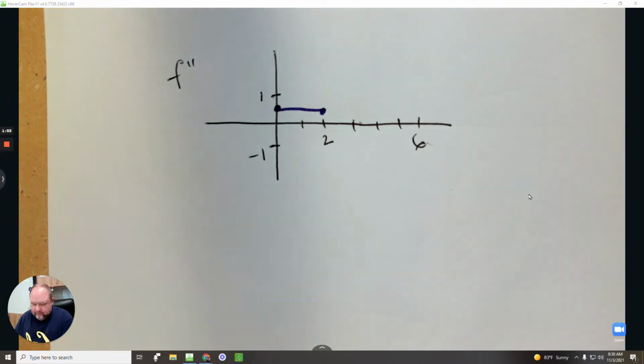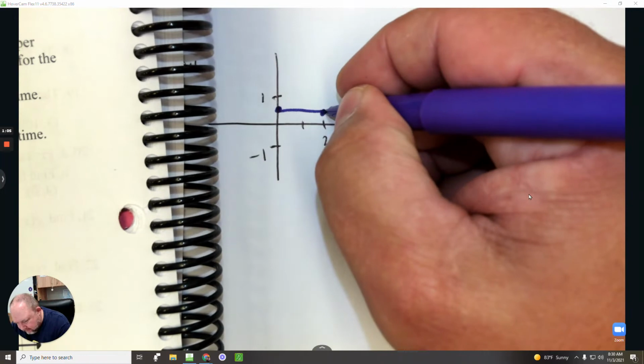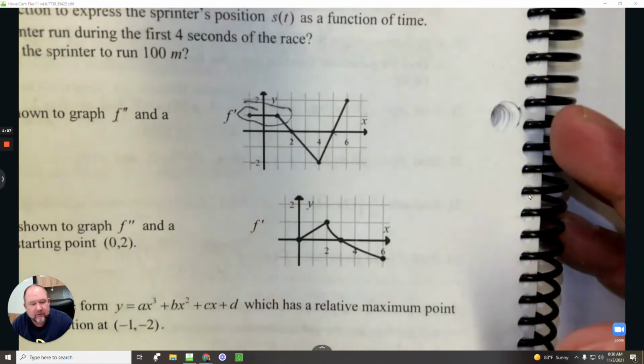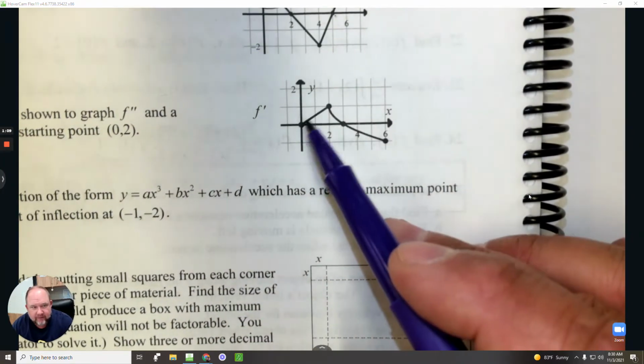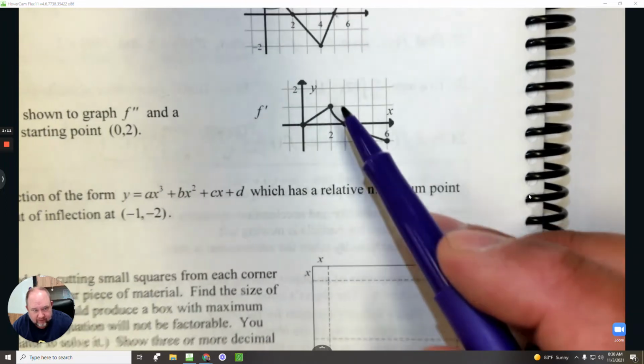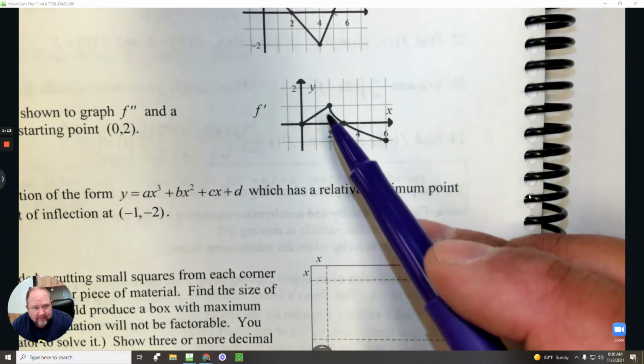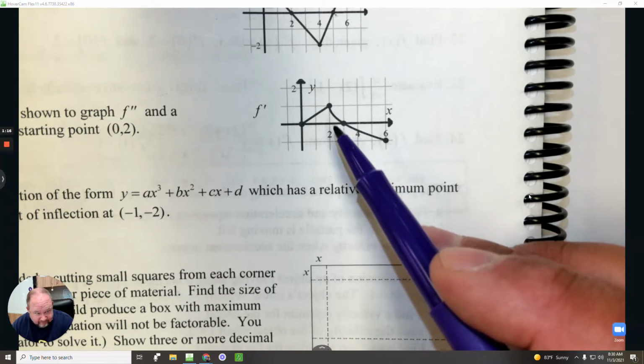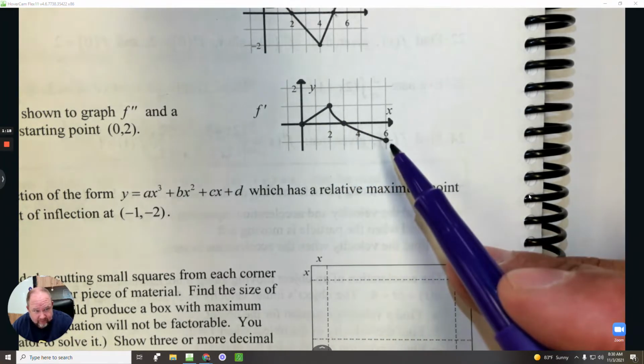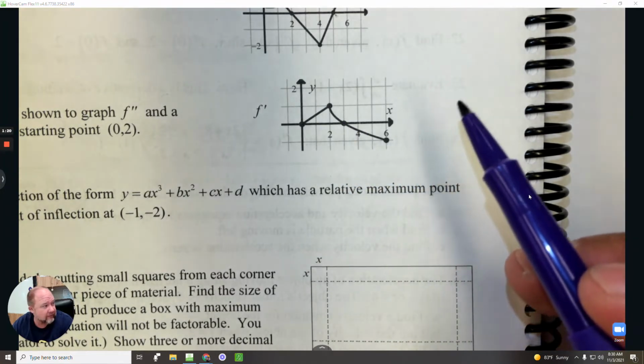Then I notice, in fact, there's going to be a hole here, because what I notice is that the derivative doesn't exist at 2 because of the cusp or corner. And then what do I notice? It decreases all the way through from there.